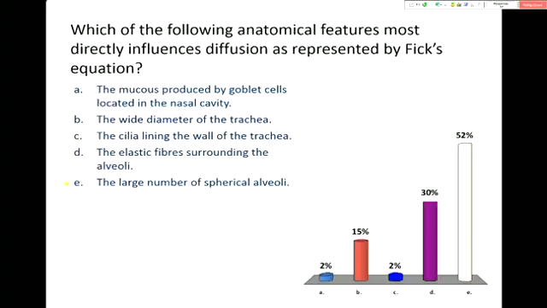And trachea's diameter is all about resistance. So wide diameter means low resistance, which means big flow. Really important, but anything to do with diffusion directly? No, indirectly, yeah, if you can't get air in, you won't diffuse, but directly, the question says direct influence? No, nothing to do with it.